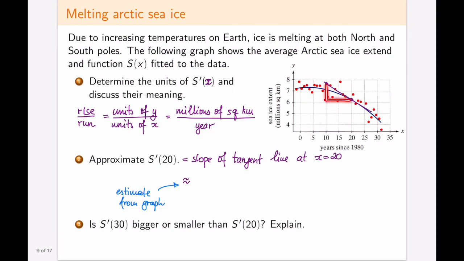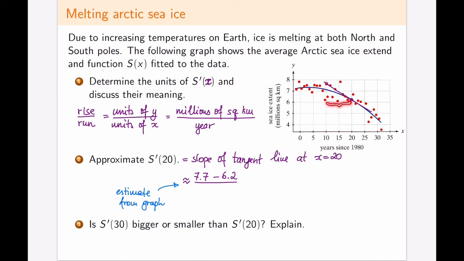So what is my rise over run between these 2 points? I'm going from this point, for example, to this point. So my rise is going to be whatever this corresponds to. So let's say 7.7 minus the y coordinate of this point, which I will approximate as, let's say, 6.2, divided by the run. So however much I've actually ran between these 2 points, the difference in x values.